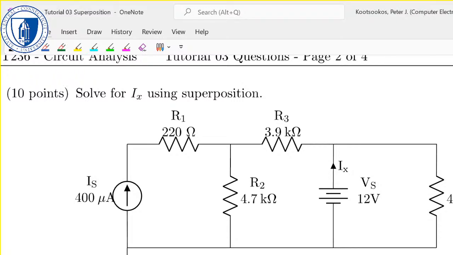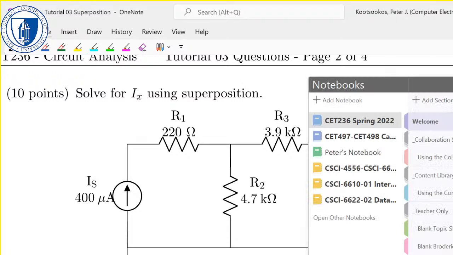Okay, let's talk about the lab. Can I remember where I put it?